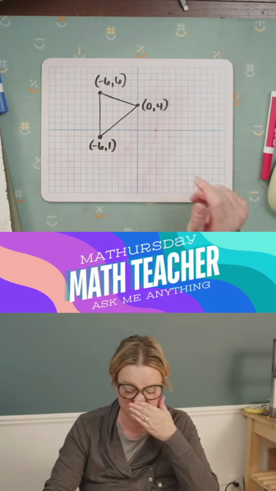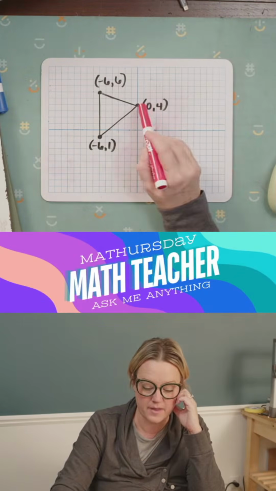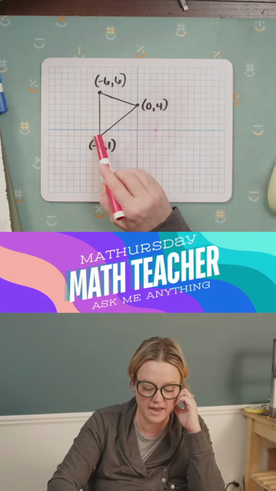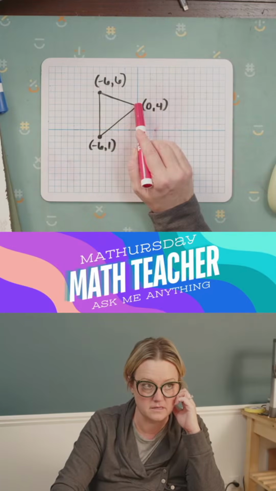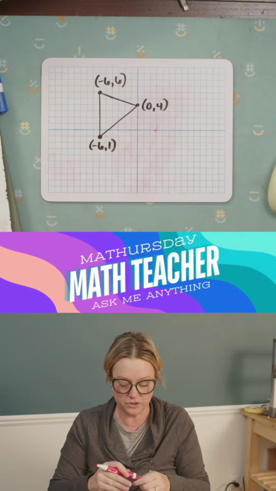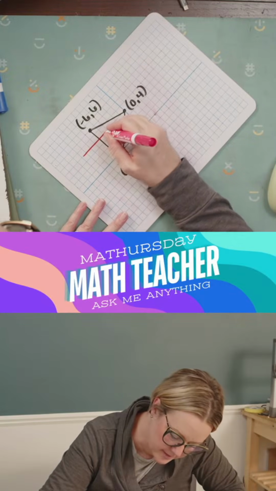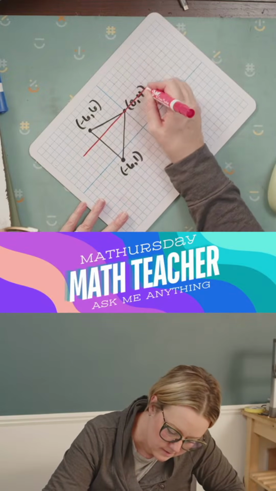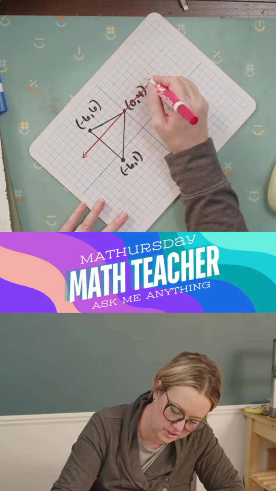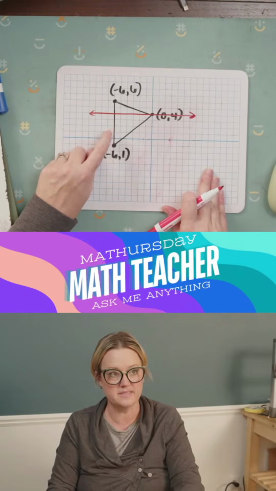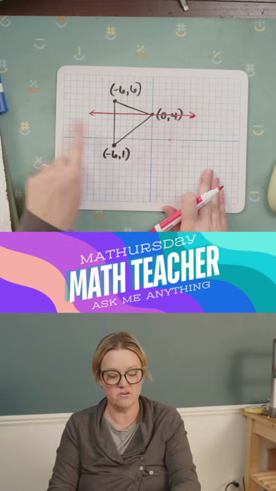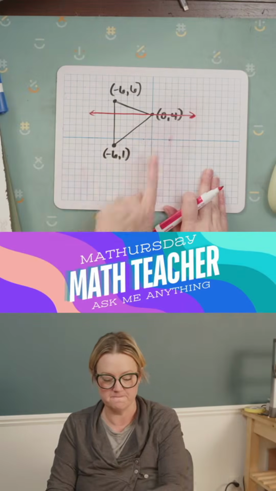That's going to be 90 degrees. Now, where I'm going to draw it from, for this side, I start from this point. So my altitude is going to be like this. That is my altitude for this side right here. It's 90 degrees and it's through that point across there.